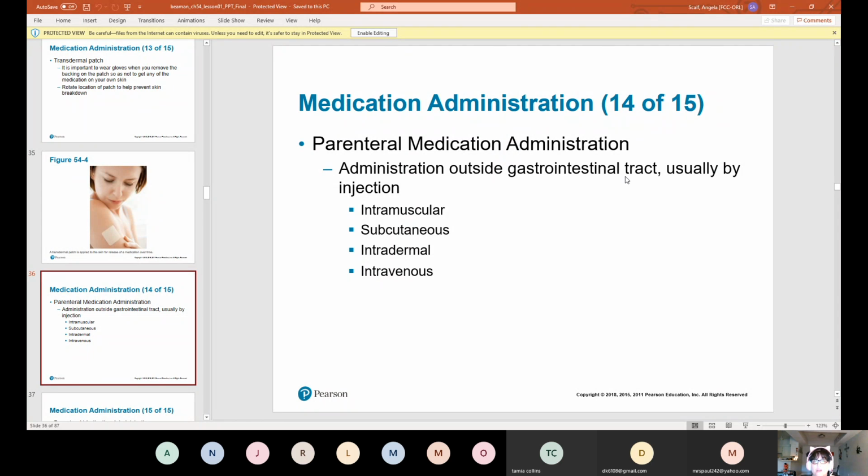These are the ones given by injection, like intramuscular, subcutaneous, intradermal, and intravenous. These are all the ways that you can give parenteral medication. Actually, another way that's not on there is called the ET tube. As a paramedic, once we had somebody intubated, I could just dump drugs down their tube. But that's more advanced.